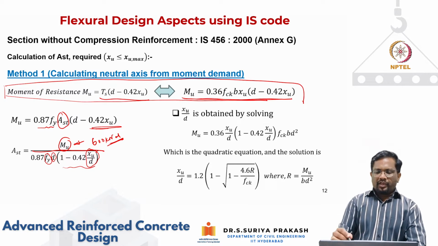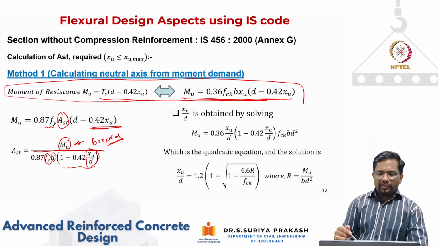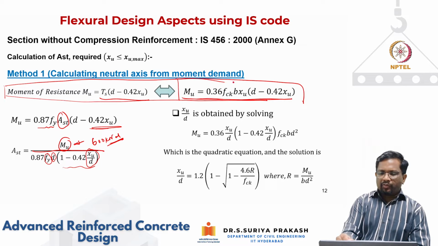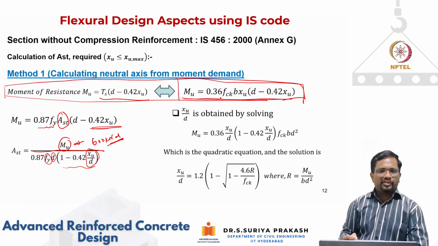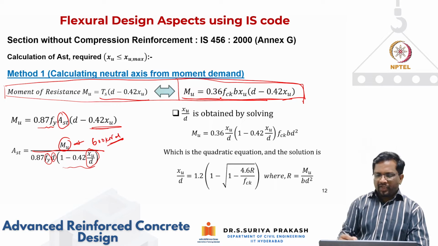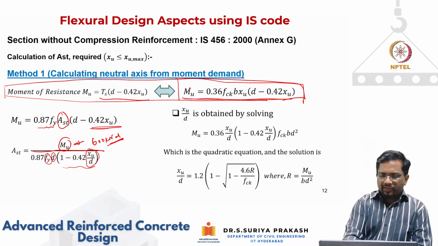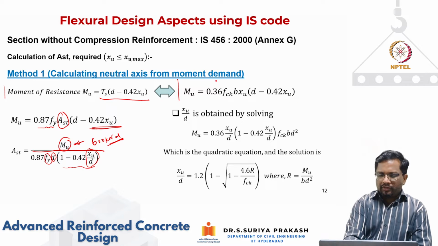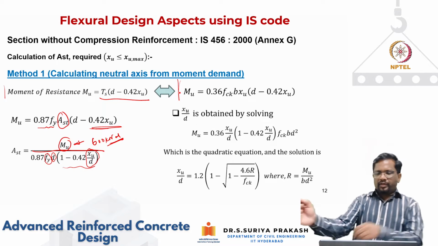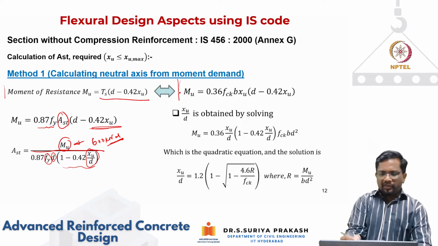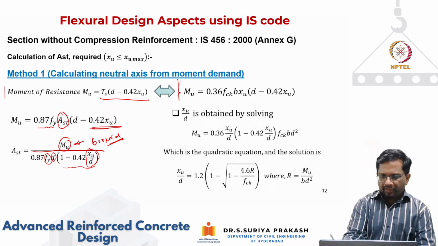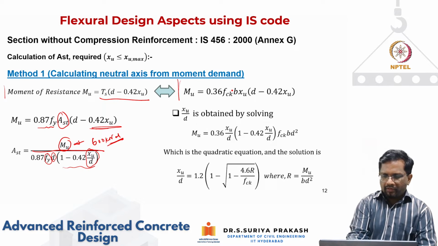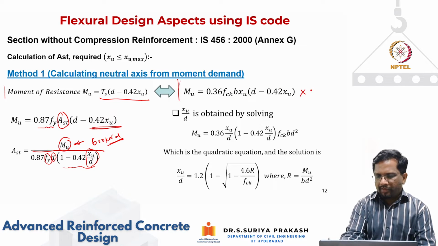Basically, we can solve this again if I'm taking moment about the concrete force. You can express the moment resistance again in this way. Then in this equation, let's say I'm dividing by d square, or in other words, multiplying by d by d.